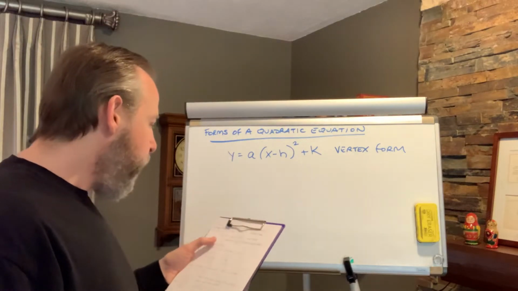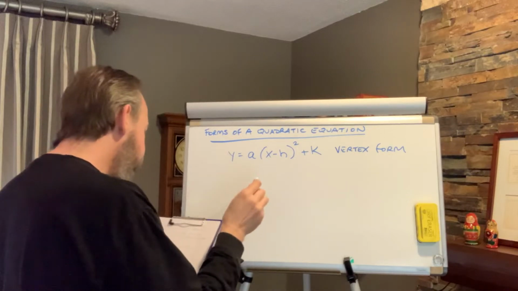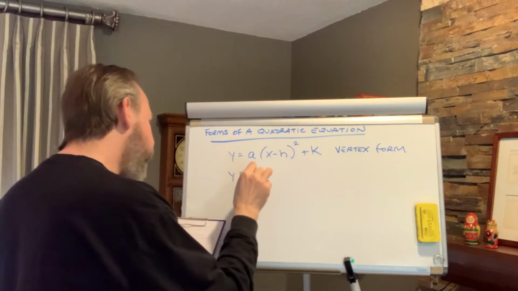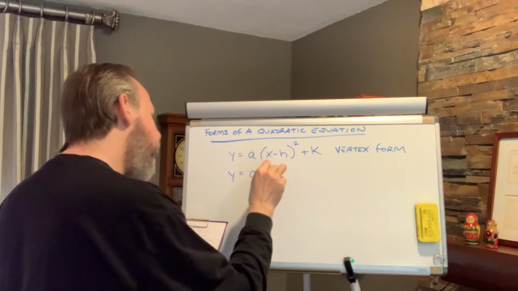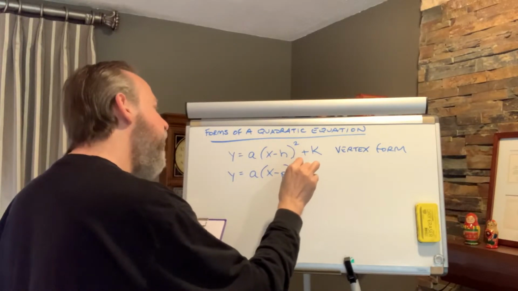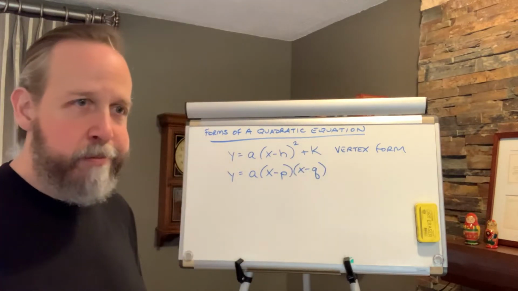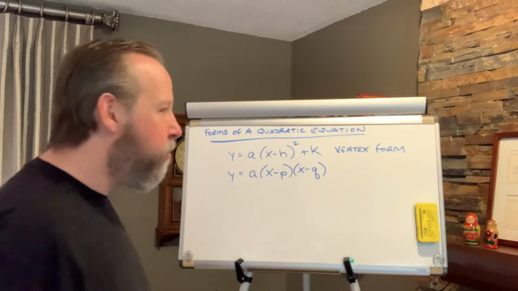The second form that we will get to once we are done with the first is y equals a(x minus p)(x minus q). We're done. This has two names.